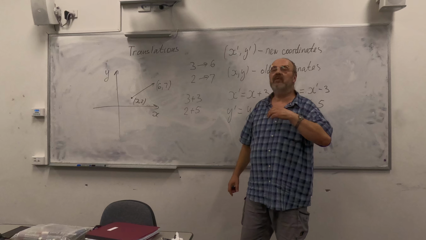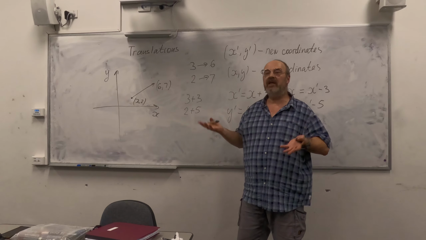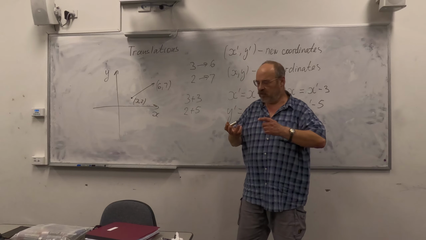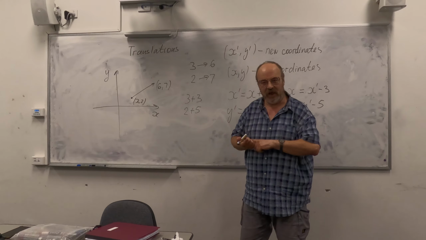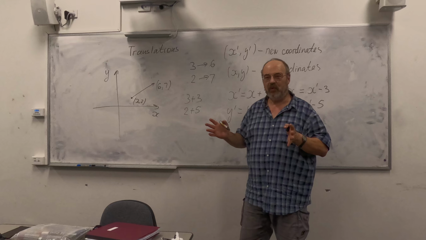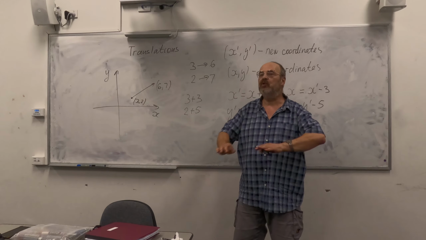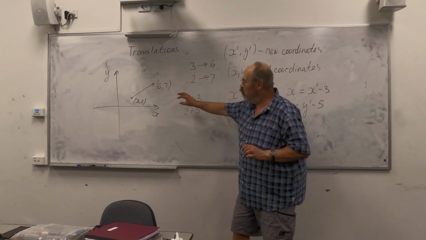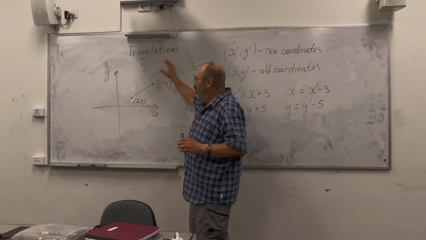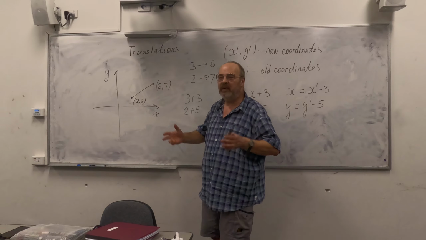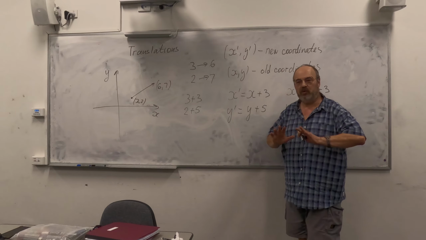We will look at that later when we have combinations of transformations, such as translation, dilation and reflections. Today we're doing only translation, so we move it up, right, left or down.